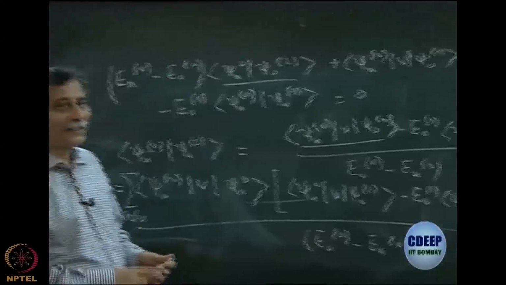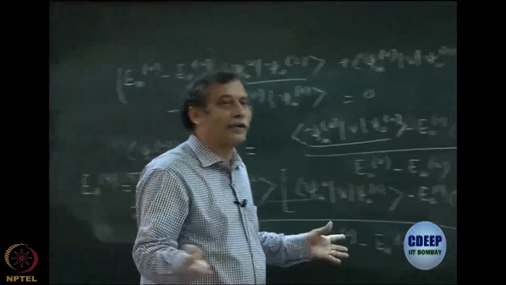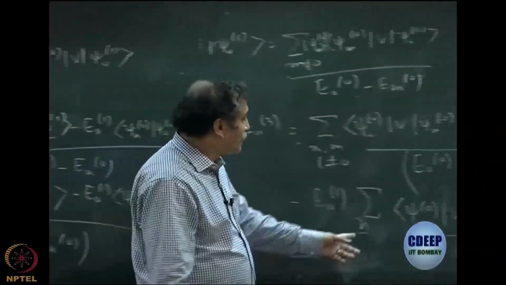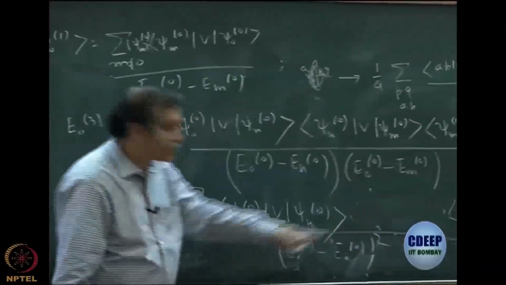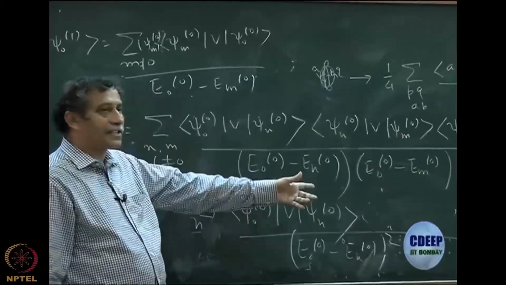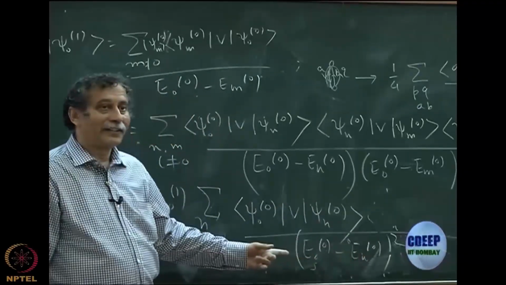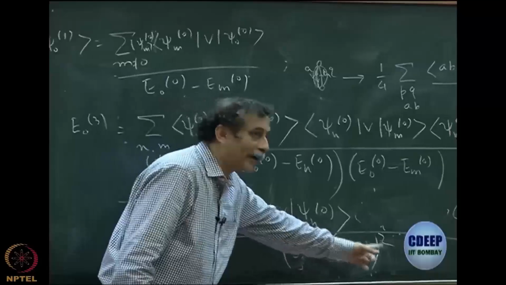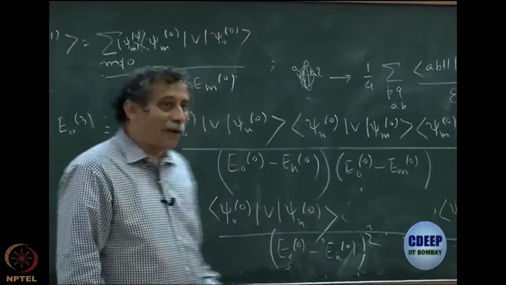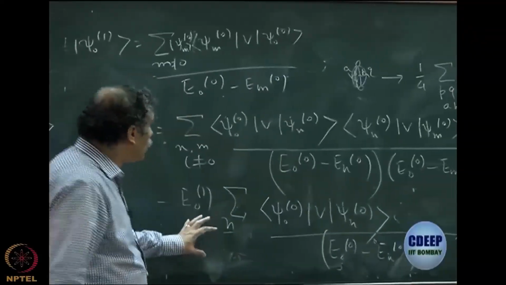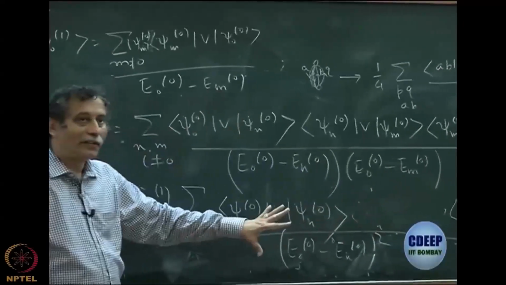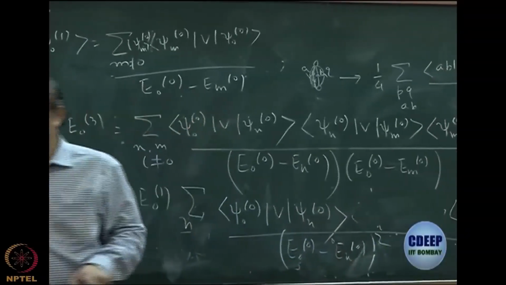You write it. Now it is very easy, just put n equal to m. Psi 0 0 V psi n 0, psi n 0 V psi 0 0. So it is basically the square of this, just like the second order energy. But the denominator is not like a second order denominator, it is a square. Otherwise, what is multiplied with E naught 1 looks exactly like E naught 2, except for this denominator.